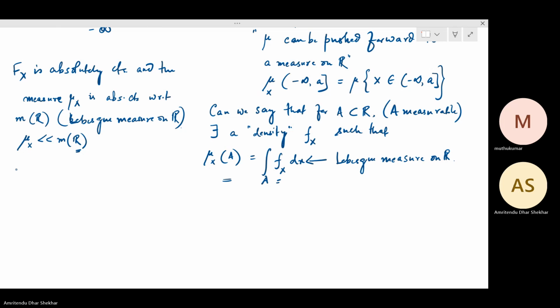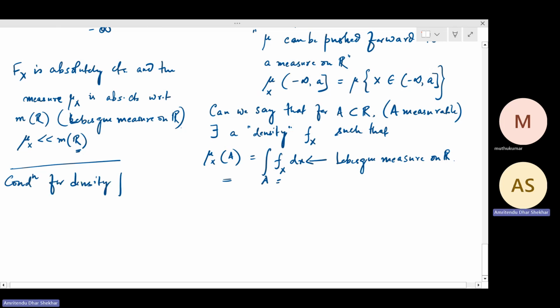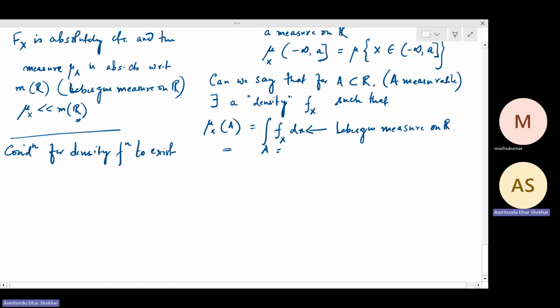The condition for a density function to exist is that if A is any subset of R such that the Lebesgue measure of A is equal to 0, then mu x of A is also equal to 0.